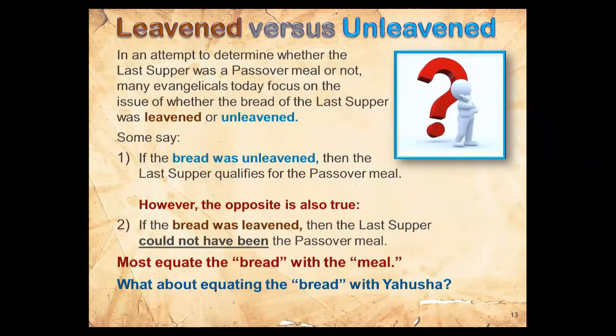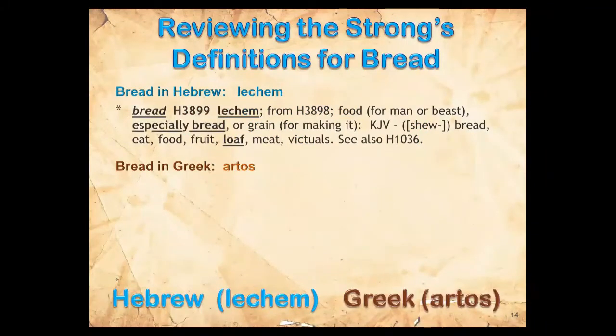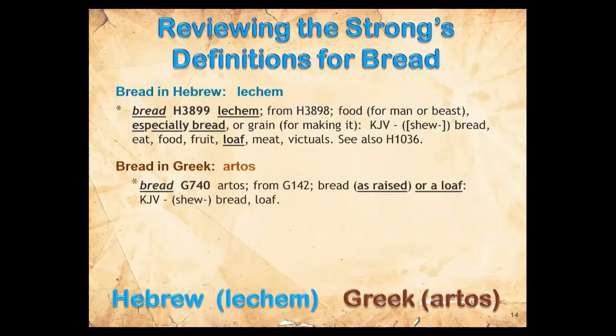So we want to review the Strong's definitions for bread, just as a reminder to you. In Hebrew, it is lechem. In Greek, it is artos. Remember I said it is especially bread. It is a loaf, and it also can include shewbread. And bread in the Greek is artos. That definition again is raised or a loaf.